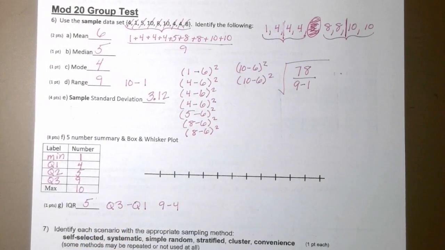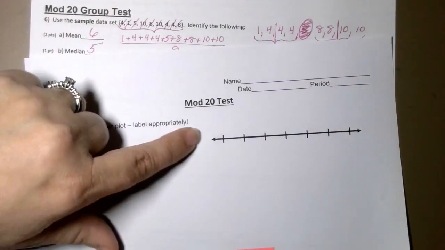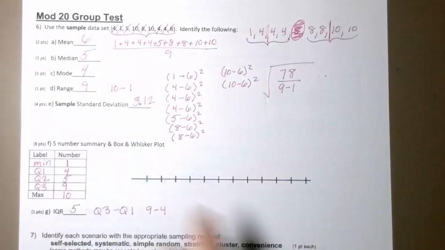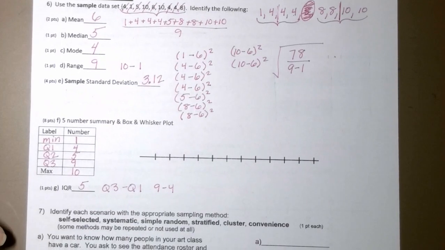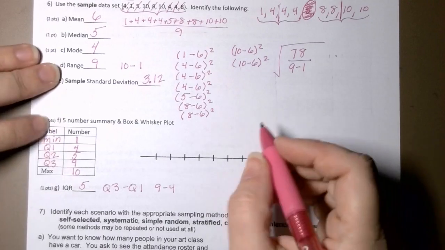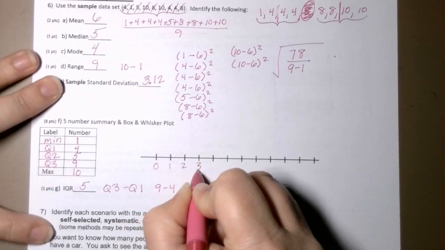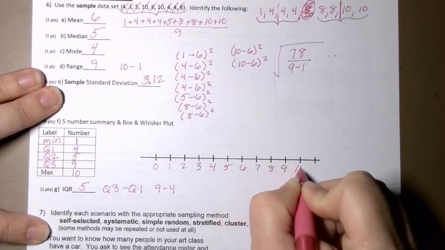Okay? Now, this is the one that I showed you on your answer page, your box and whisker plot. You're going to need to put the labels underneath here. I think I have it set up so you can count either by 1s or 2s. So, try and be nice like that. This one I think I can pretty clearly count by ones. I'm going to go 0, 1, 2, 3, 4, 5, 6, 7, 8, 9, 10.